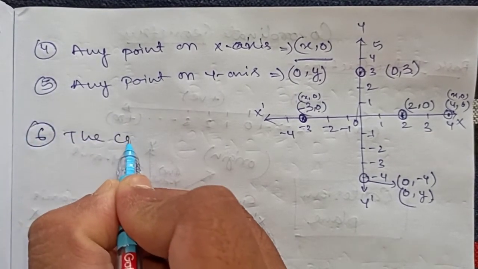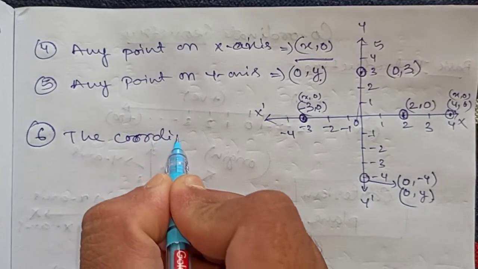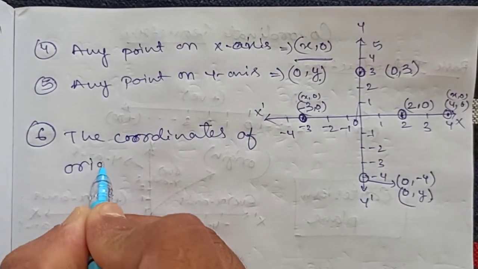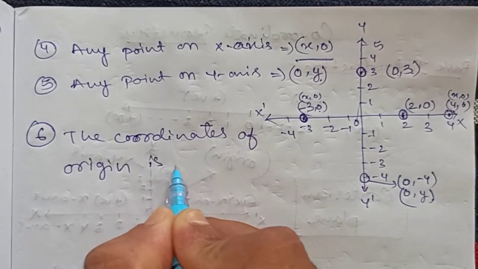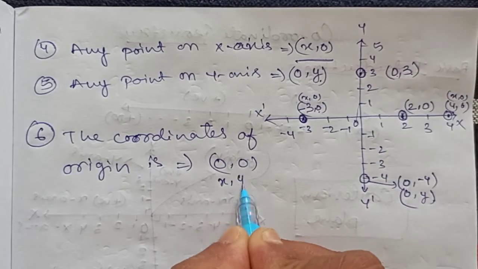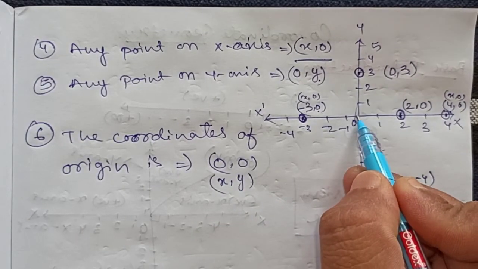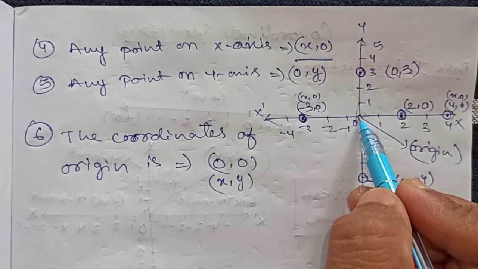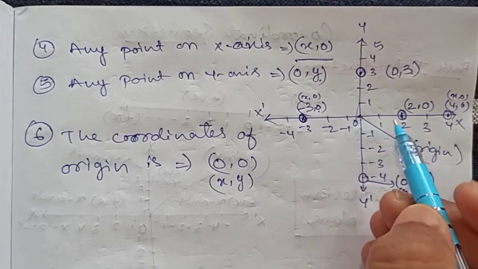Okay, next point. The coordinates of the origin are 0 comma 0 because x is also 0, y is also 0 here. Okay, this point is the origin, x is 0 as well as y is 0.